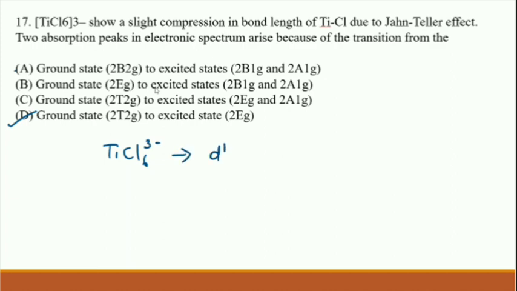When discussing the Orgel diagram in my Orgel diagram video, I said that for d1 the splitting is from T2g to Eg. So definitely the answer will be ground state T2g to excited state 2Eg. If any correction is needed, please comment on this. In my view, the D option is the right answer.